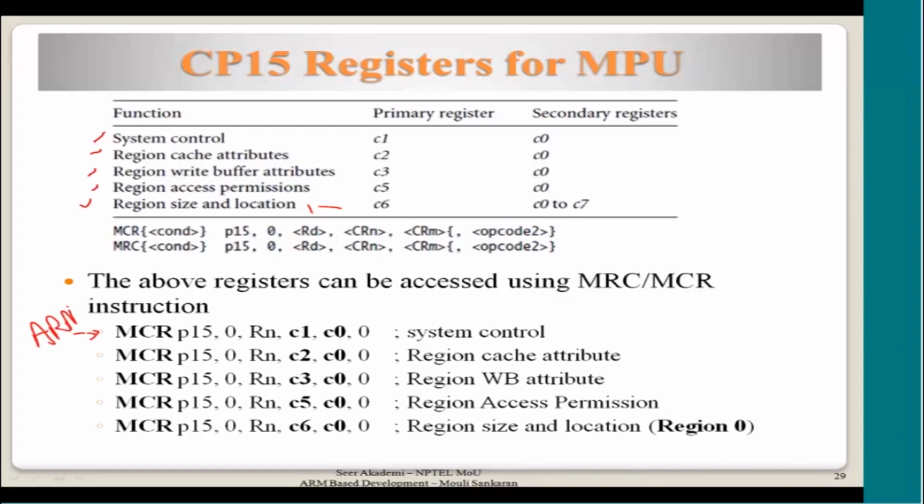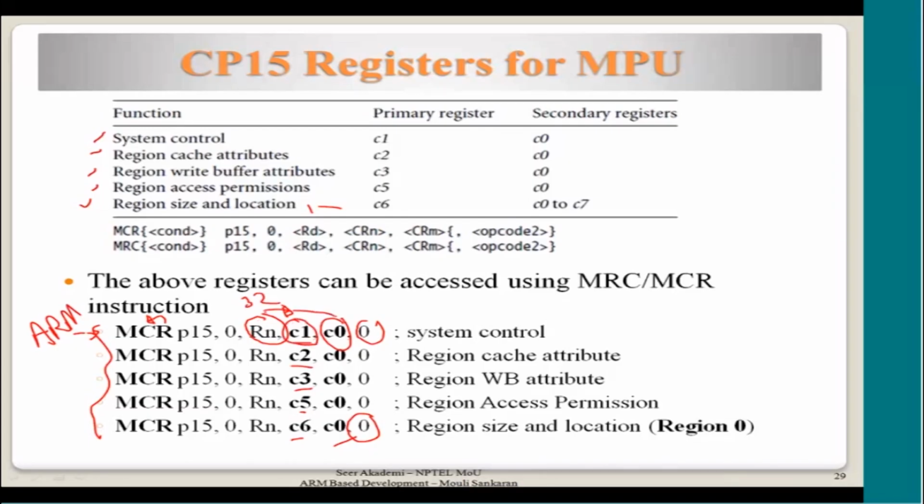While programming the MPU, we execute such instructions, and we say that I am interested in writing into C2, C3, C6, and then the secondary register happens to be this. And then the other opcode is some value I can give, 0 or some number, and then the register in the ARM from which I am transferring the value. It is ARM register to coprocessor, so whatever 32-bit value is stored in a particular register in the ARM, I am writing into the coprocessor register.